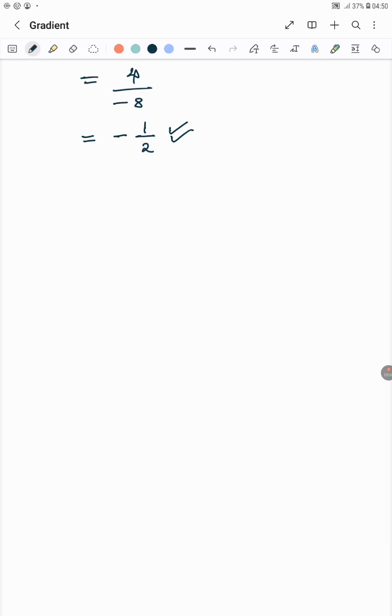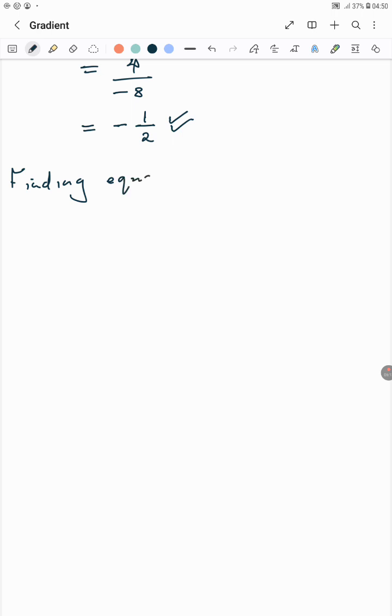So here I'm just going to write finding equation of a straight line. Okay, so for you to be able to find the equation of a straight line, you need to have this.